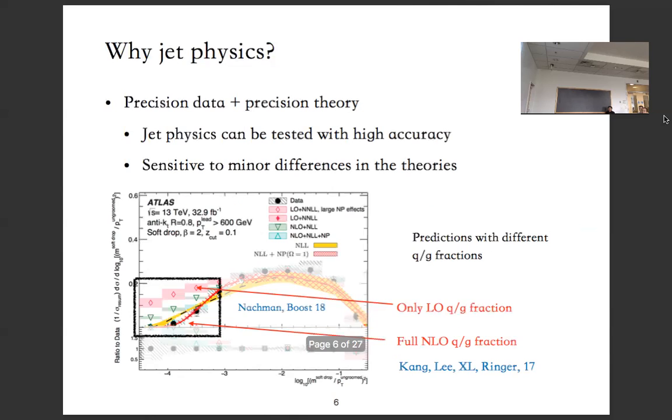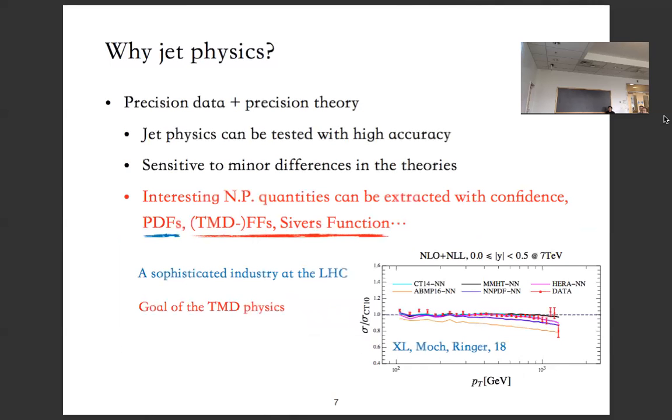So that's for the perturbative side, and now for non-perturbative things. Interesting non-perturbative quantities can be extracted with confidence because we have precision data and precision perturbative predictions. So you can extract non-perturbative things like the PDF. Nowadays, PDF fitting is a sophisticated industry. We have all kinds of different groups trying to fit the PDF, and you can see the jet data.